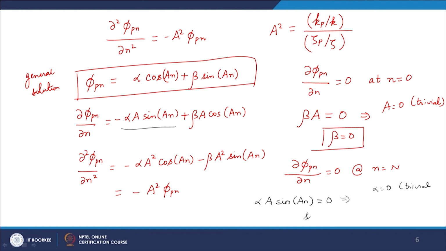So, we set sin(aN) equal to 0, which gives me aN is equal to p pi, and which gives me a is equal to p pi by N, where p is again an integer going from 0, 1, 2 and so on.